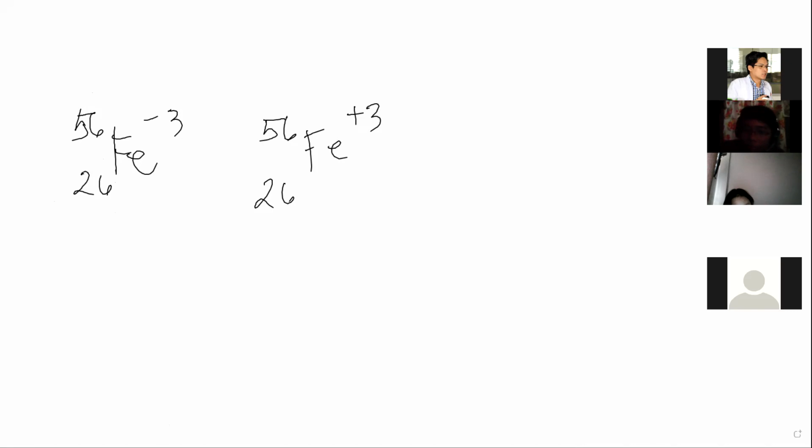Remember that there are a lot of varieties of ferrous or iron, from 55 to 55.85. Let's have 55. Let's change this one to 55.